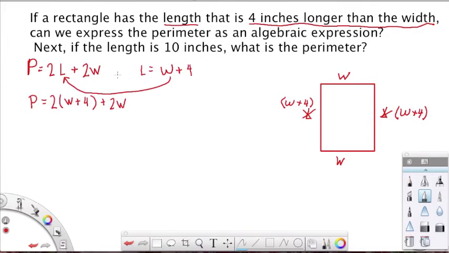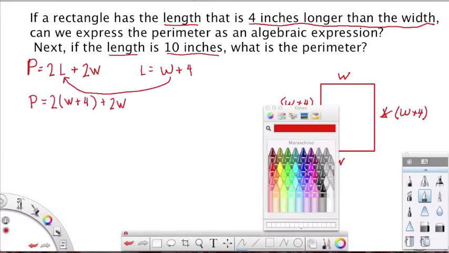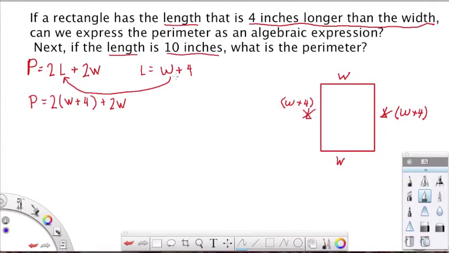Now they give us more information. They say now that the length is 10 inches. Okay, so they say the length is 10 inches. Well, it would have been nice if they would have started out that way, but you know what? You're going to find out that this is actually very helpful.